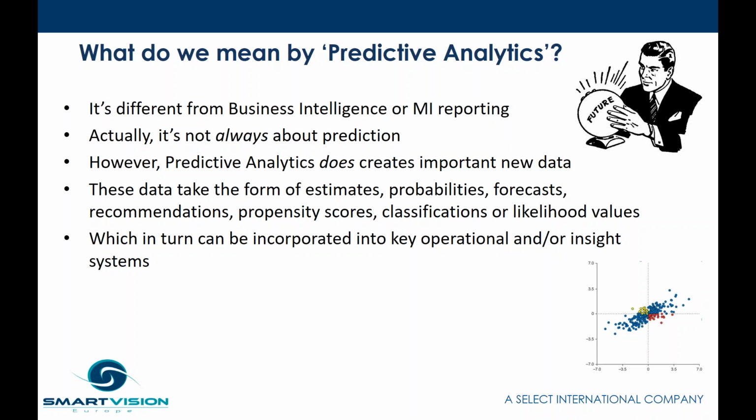But the other area that people often don't think about is, given that these values you're creating are valuable, maybe we should be sending them back out into our existing insight systems. Most organizations don't have predictive analytics, despite the fact that it's talked about so much. But they all tend to have some sort of BI or reporting function. It might be something as simple as Excel, or maybe something more sophisticated like Tableau or Business Objects or Cognos.